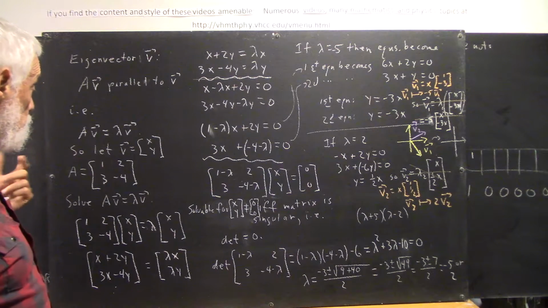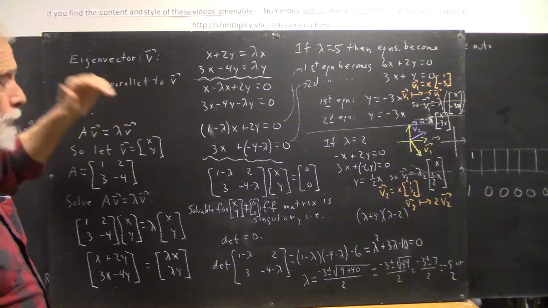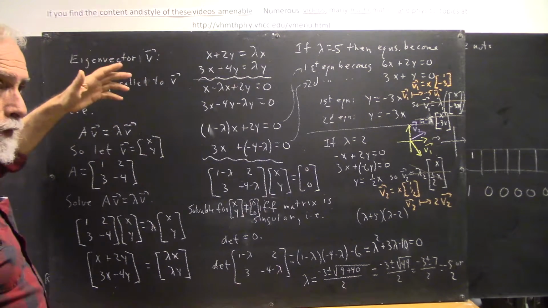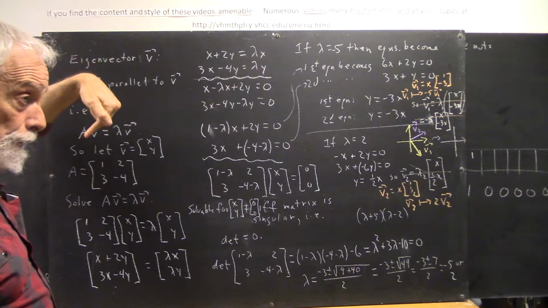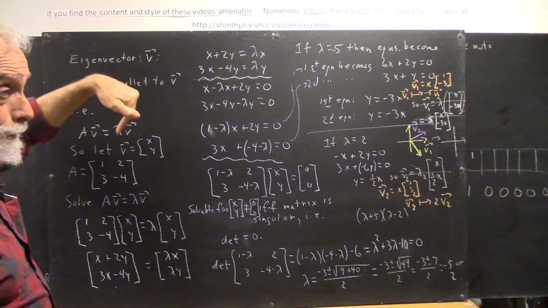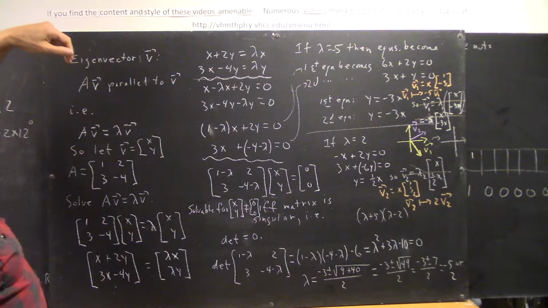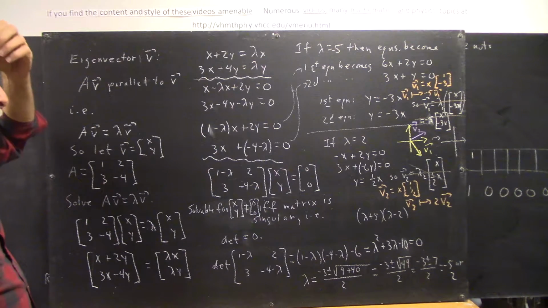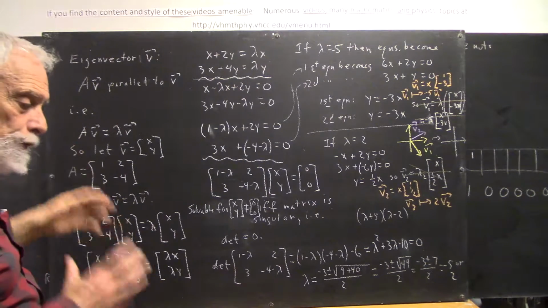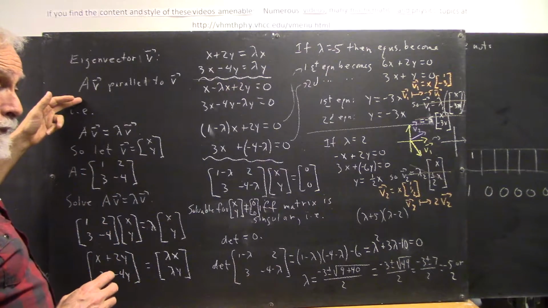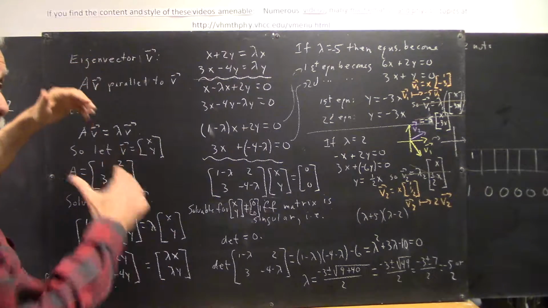Now, if there are vectors that transform to the same direction or to the exactly opposite direction, because a vector in the exactly opposite direction is a multiple of the original vector, this actually can allow us to transform the transformation to different bases where the matrix is diagonal.